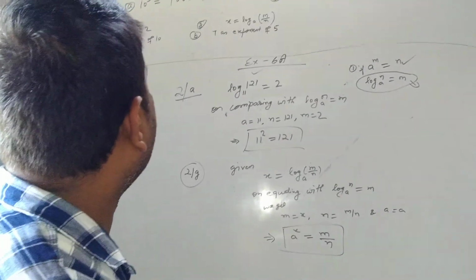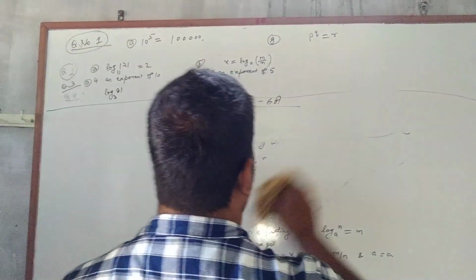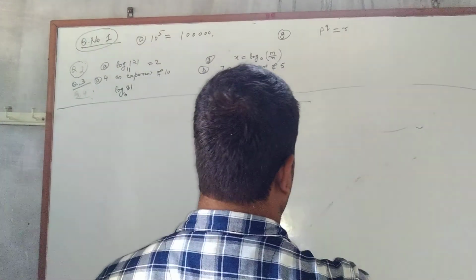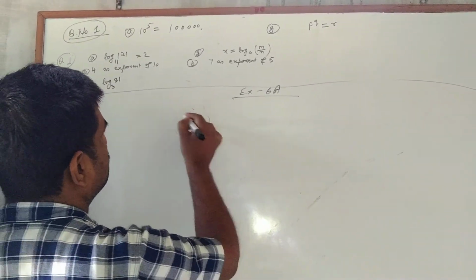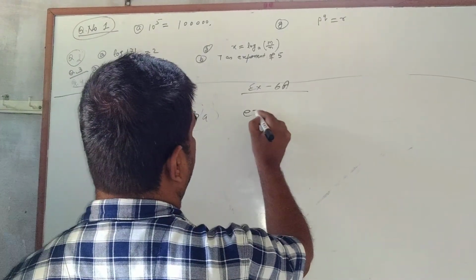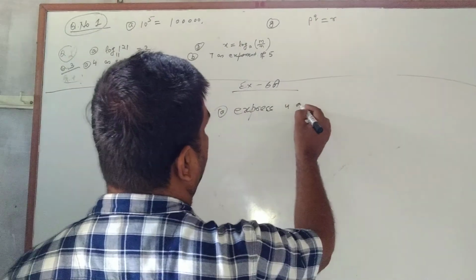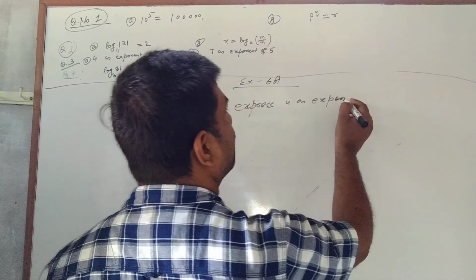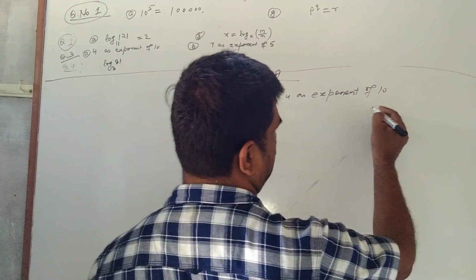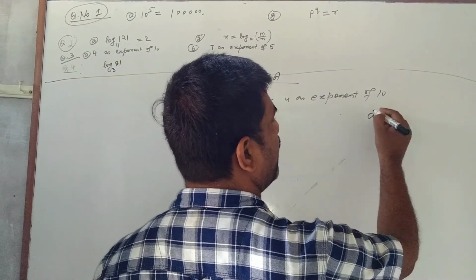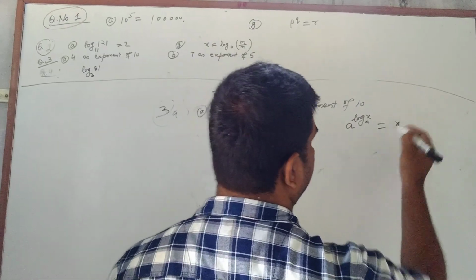Question number 3: express 4 as an exponent of 10. We have to use the formula a to the power log x base a equals x itself.